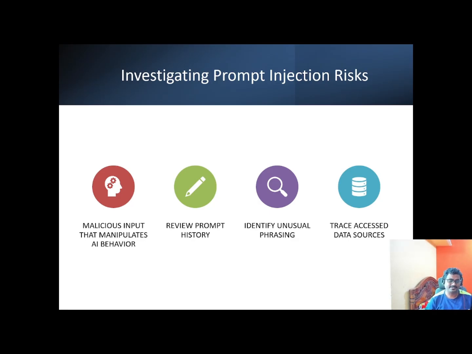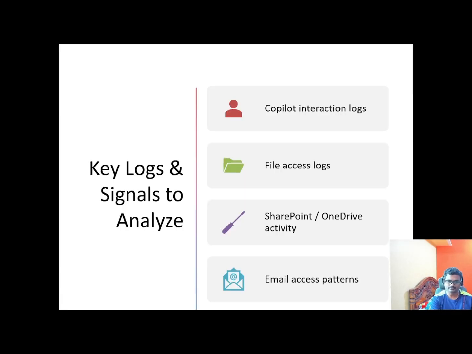Trace access to data sources. This is something not available, but definitely let's hope it will be in the future. So what are the key logs and signals to analyze? Copilot interaction logs, you get them from the audit logs. File access logs, you can get from the audit logs itself, and you can rely on the SharePoint admin center if it's a SharePoint site. SharePoint and OneDrive activity, the audit logs.